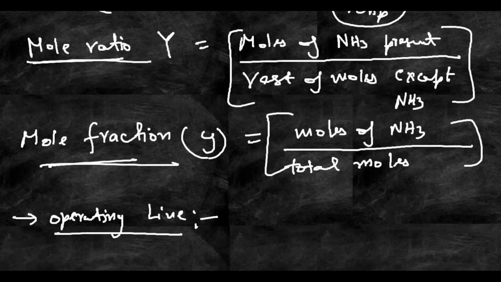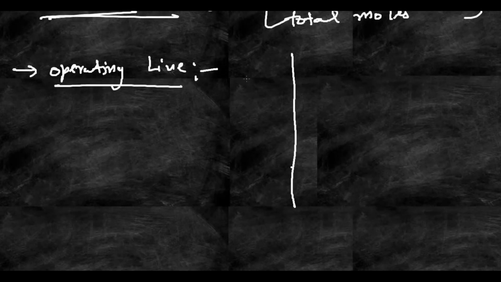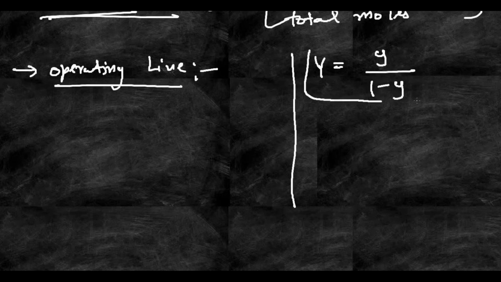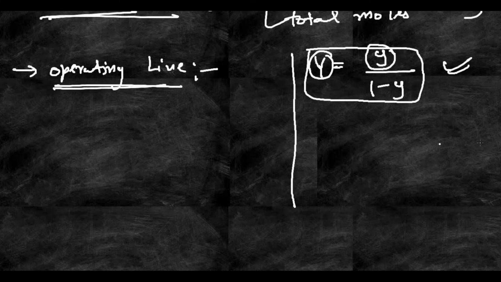In order to convert from mole fractions to mole ratios, mole ratio capital Y is equal to mole fraction y divided by 1 minus y, where y is the mole fraction and capital Y is the mole ratio. So remember this, because we will need this while deriving the equation.